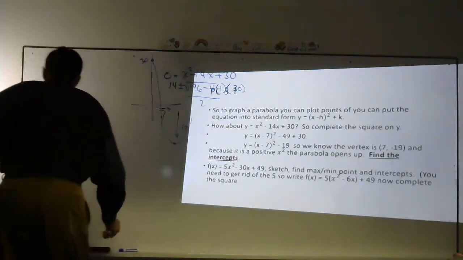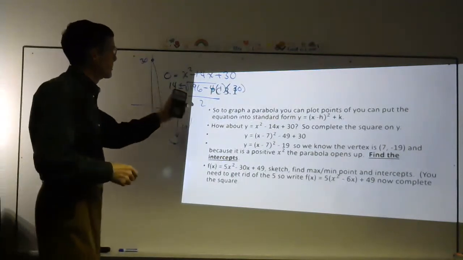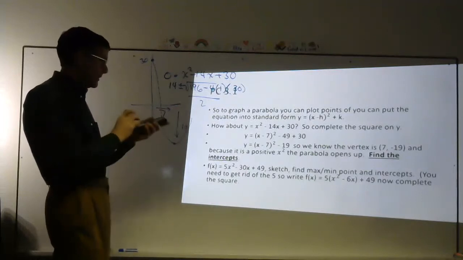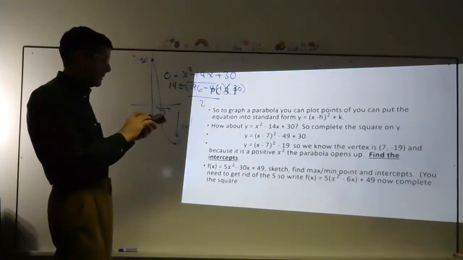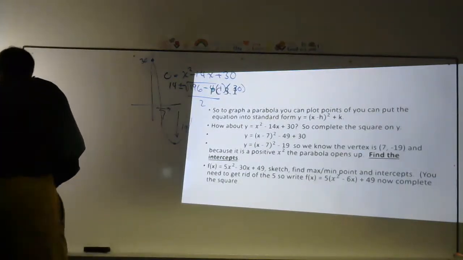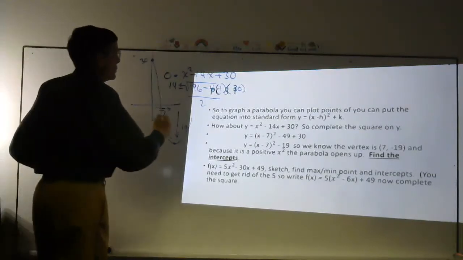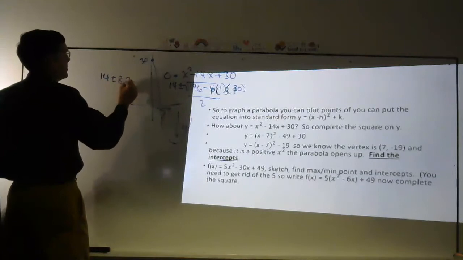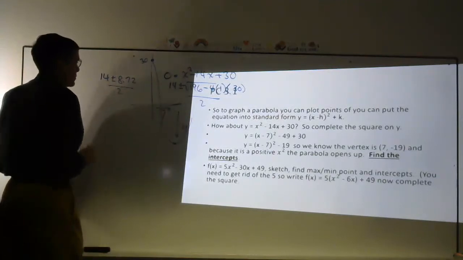So I've got a little bit of calculator work here. 196 minus 120 is 76. So I want the square root of 76, which is 8.72. So I have 14 plus or minus 8.72 all over 2.